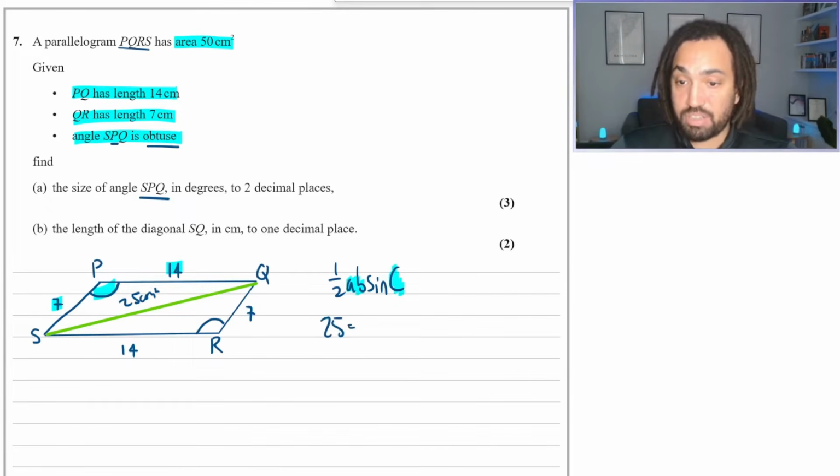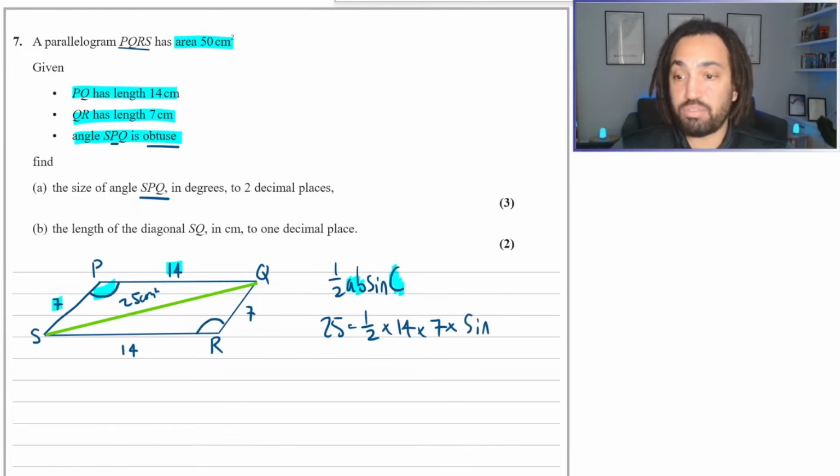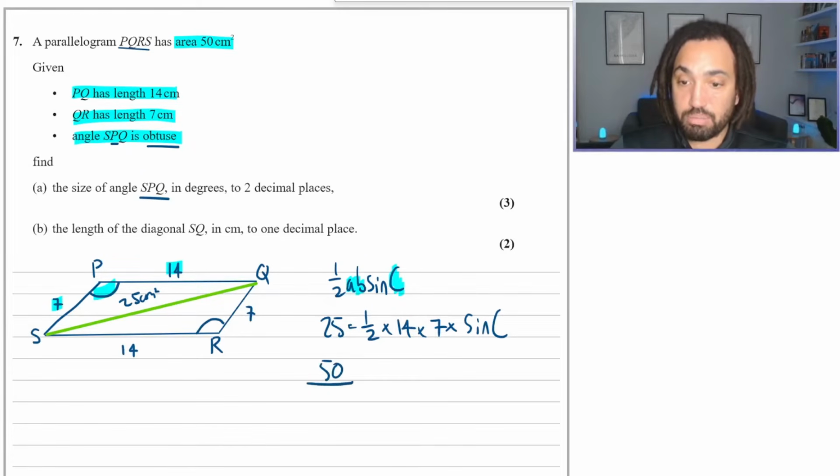So 25 is equal to 1/2 of a, let's call 14, b 7, and sine of the angle which we're looking for, just going to call it capital C. Okay, so that means that 50, timesing both sides by 2, then dividing by 14 and dividing by 7, is going to equal sine of C, the angle we're looking for.